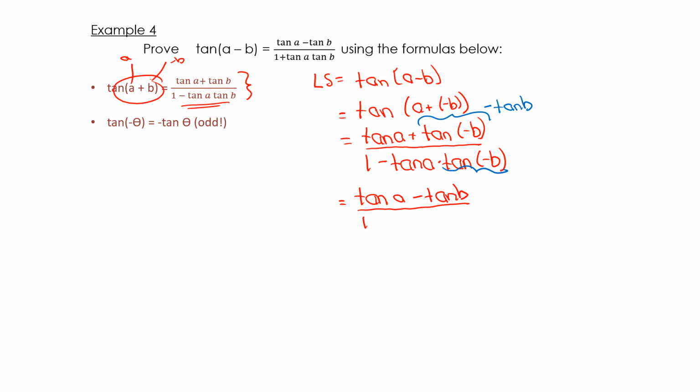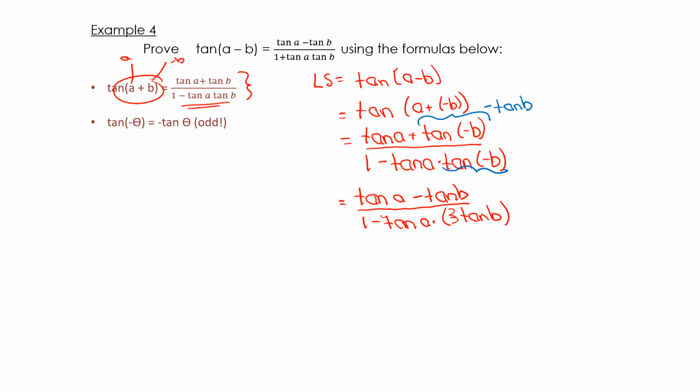And then here we have 1 minus tan a, and I'm going to move that negative to the front. So I'm just going to put a bracket there. This is multiplied by negative tan, and now I have a positive b. So this negative, imagine this were a 3 here. I would multiply, bring the 3 out to the front. It's not a 3, it's a negative.